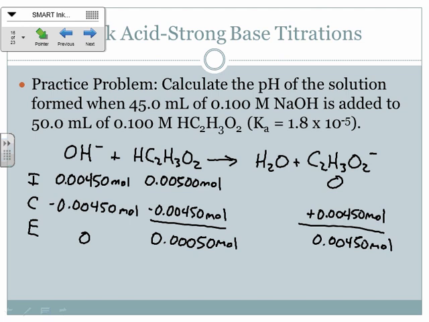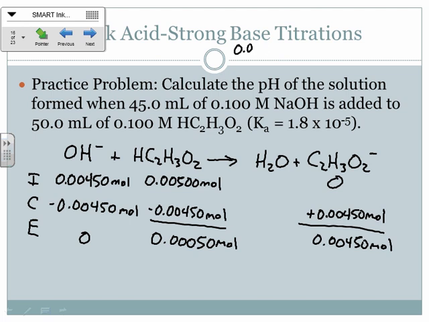Okay? And that's why I was a little bit more careful labeling this time, so that hopefully this sets up a red flag in your head. Oh yeah, we got to plug in concentrations here. So what is our volume of this solution? It's 95, okay? So again, you got to watch that carefully.